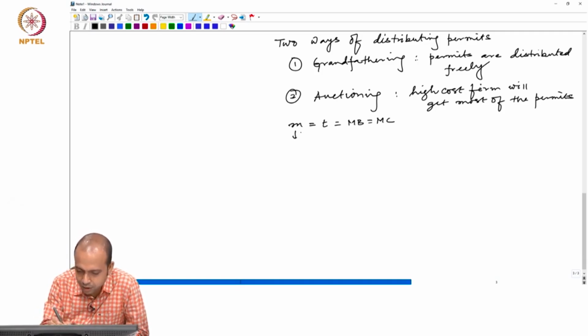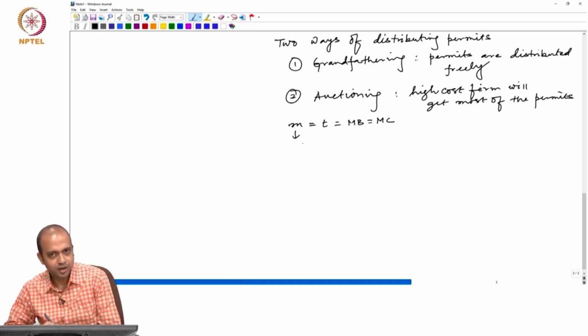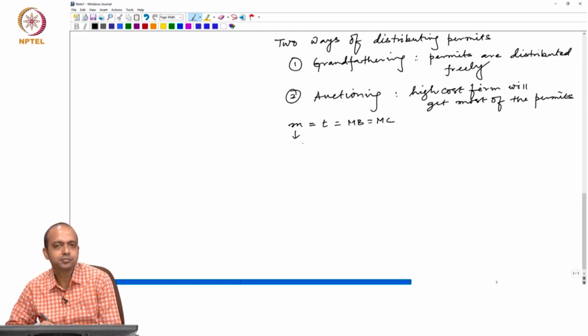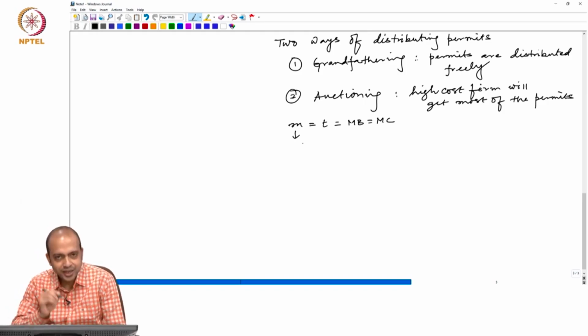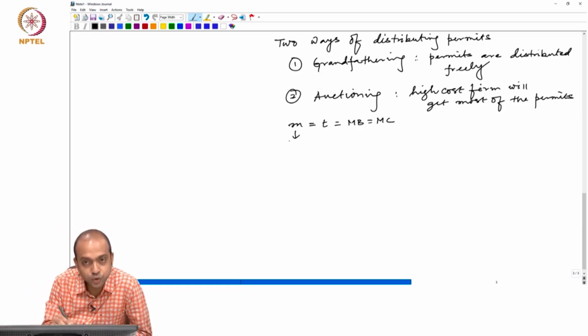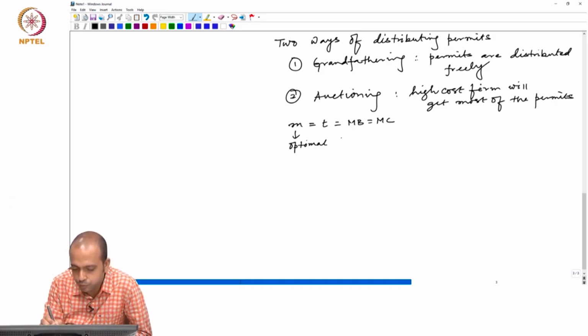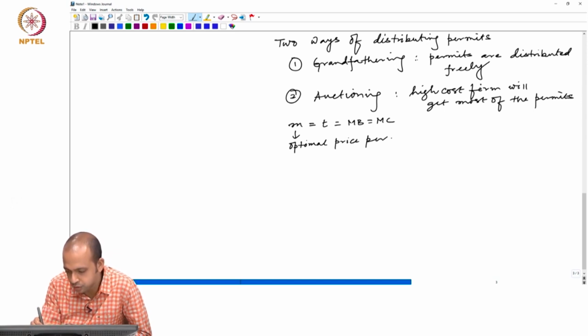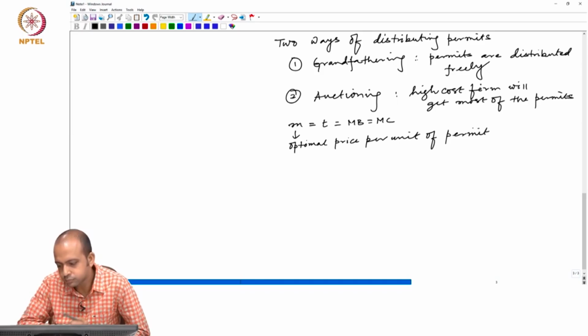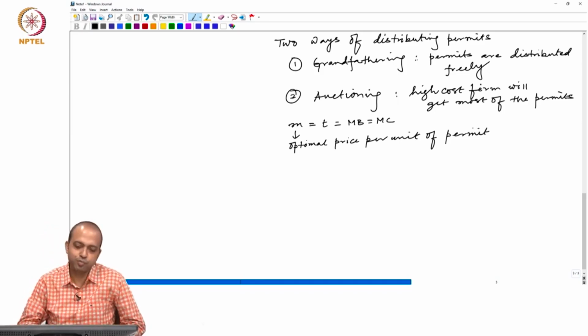What is M here? If T is the tax rate, applying your analogy, what should M be? Can you think of it? M should be the optimal price per unit of permit.